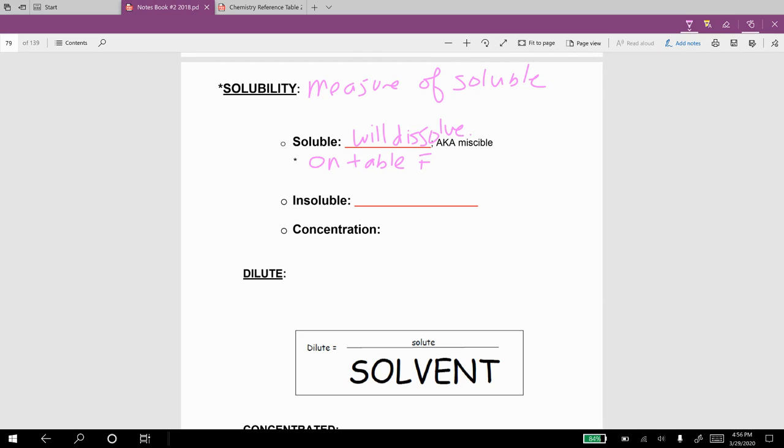We would call this the most soluble, or we would have the most ions. And if something is soluble on table F, it will have the greatest amount of ions.